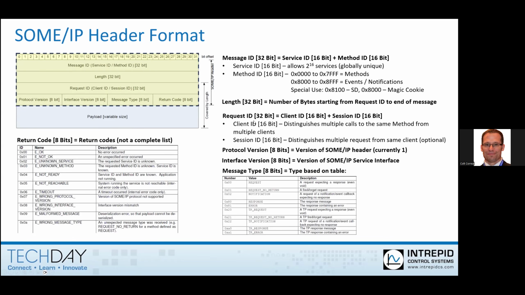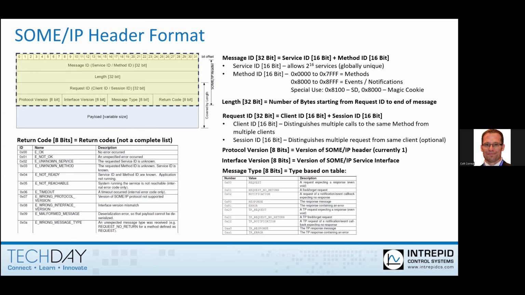We show that here. Request ID is a 32-bit number that consists of a client ID and a session ID. Client ID distinguishes the client of the communication. The client ID is loosely associated with an ECU, but an ECU might have multiple clients as well.